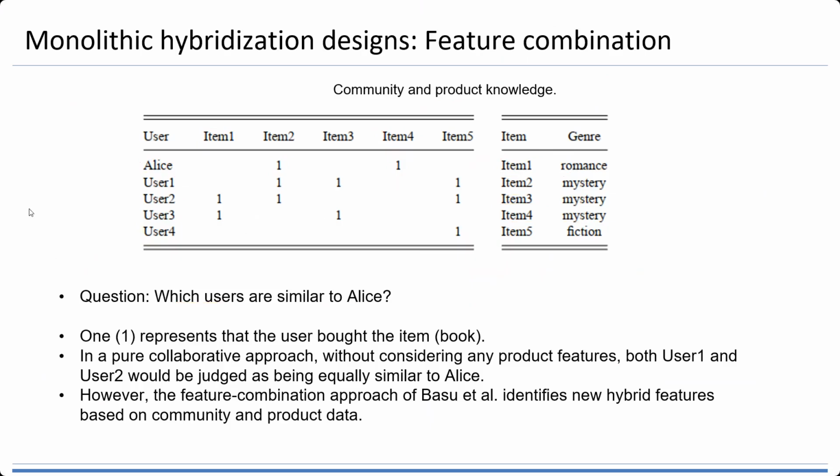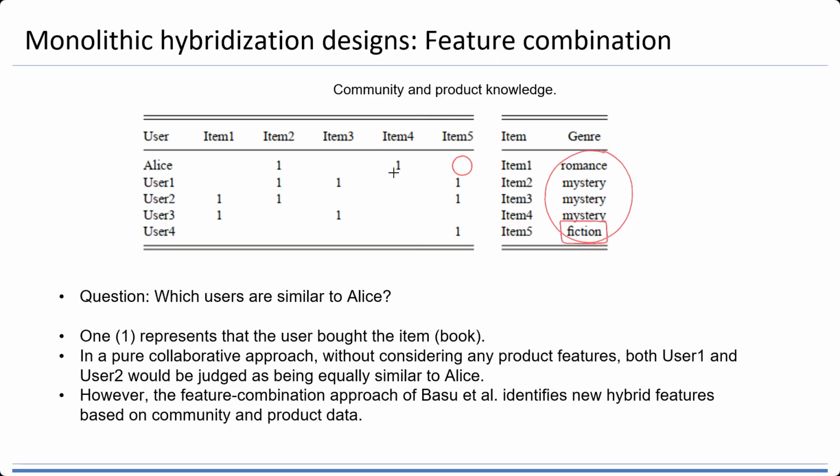Okay, so we can say the person who buys items similar to Alice's is the most similar. But in fact, we have another piece of information, which is the genre. Let's say I want to recommend item 5 to Alice. But item 5 is fiction.